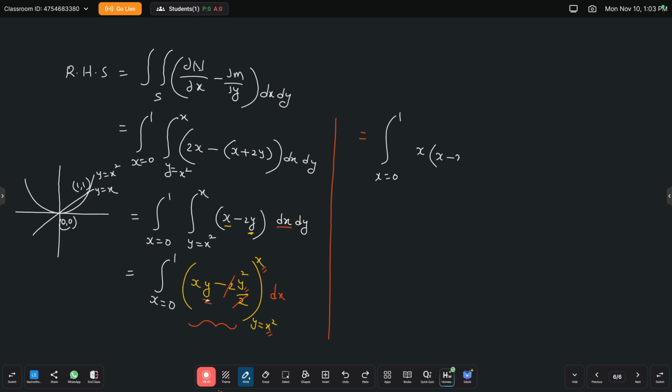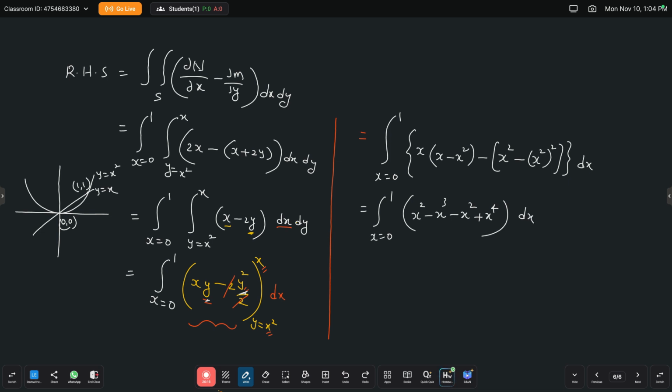Here substituting, minus y upper limit x, squared, minus lower limit x squared, whole squared, with respect to dx. Now simplify this expression, we will get x squared minus x cubed minus x squared plus x to the power of 4 with respect to dx.